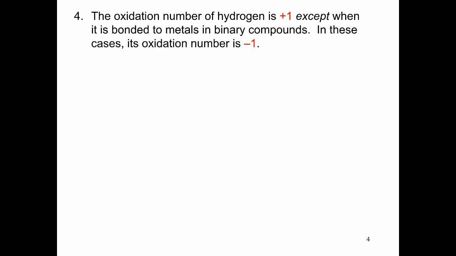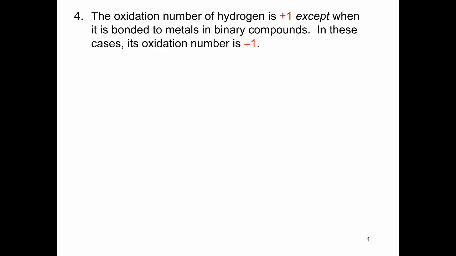For hydrogen, it's almost always +1, except in a binary compound where the partner of hydrogen is a metal. For example, lithium hydride. If you remember from the name itself, hydride, the hydrogen here acts as the non-metal partner, so it has an oxidation number of -1.